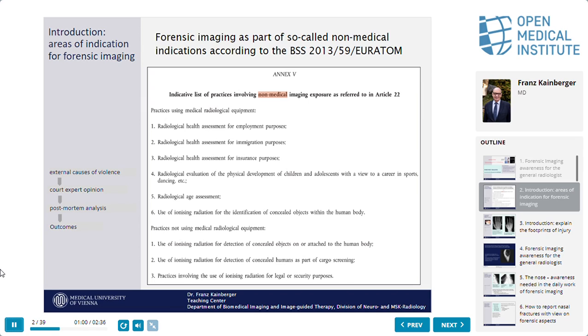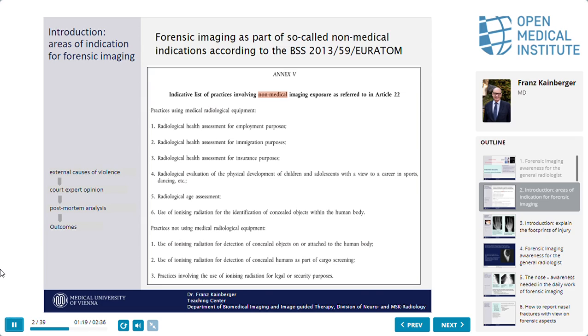They all base on the Radiation Protection Basic Safety Standard Initiative from 2013. That's now a rule that is mandatory for all member countries of the European Union.